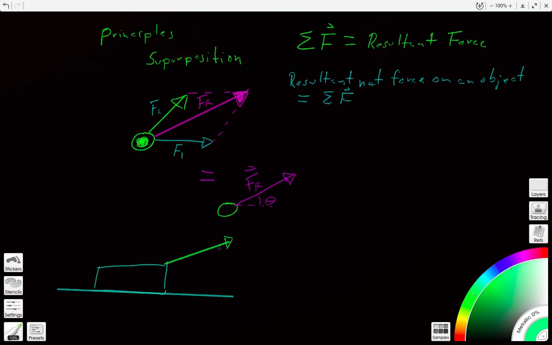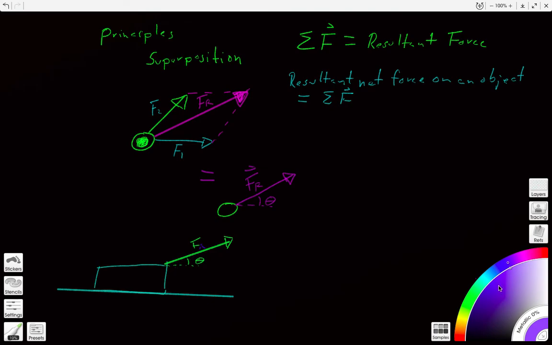So I'm pulling the box with that force right here, and this force, since it's a vector, also forms some sort of angle. What I can say with the principle of superposition is that I can act backwards, okay? I can say that this FF is the resultant. So this is the resultant force that is acting on this box.